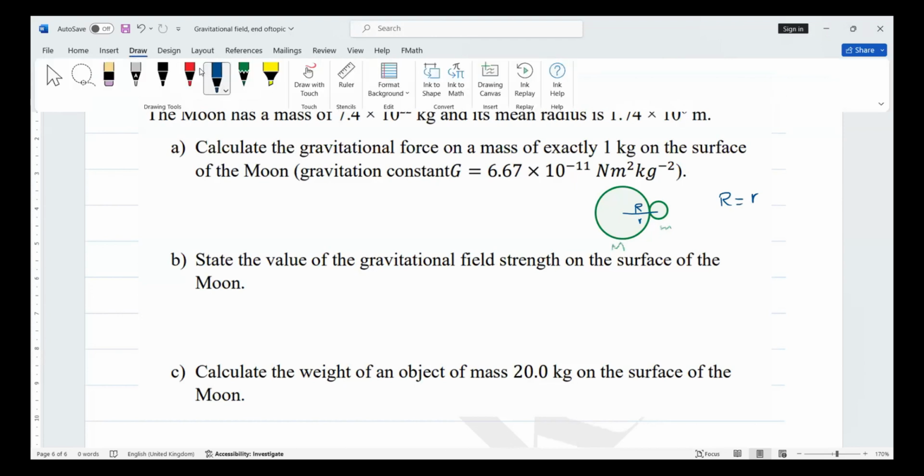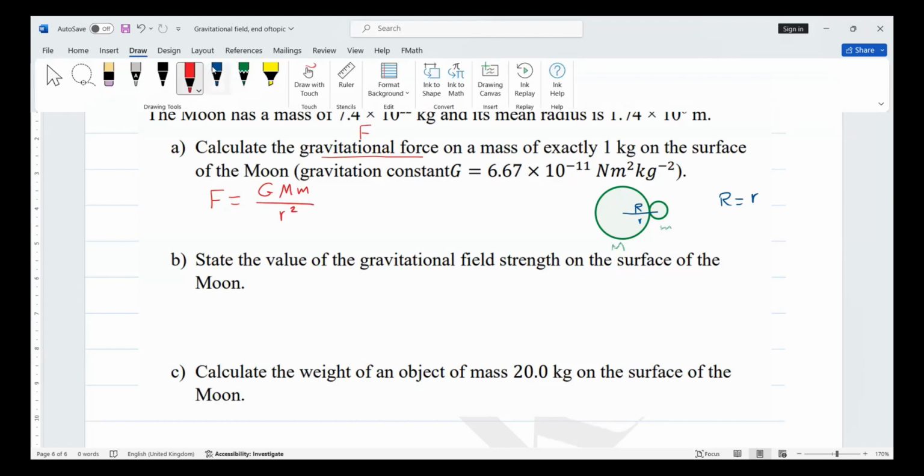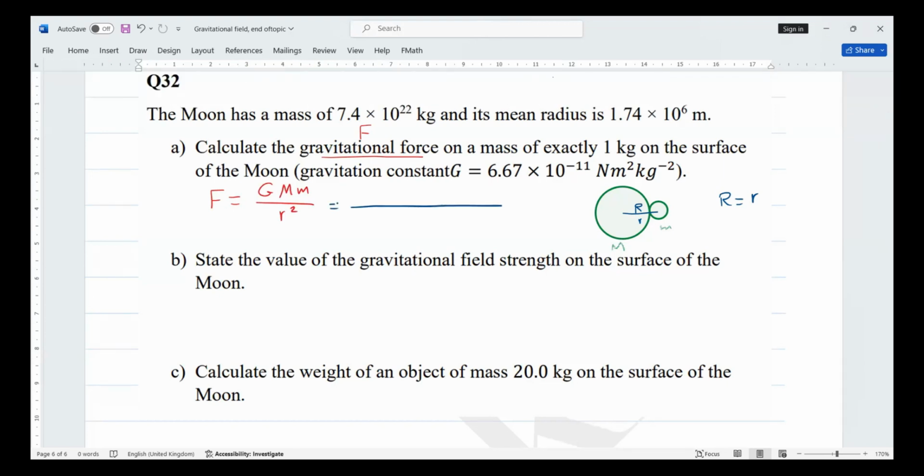Which formula do we use? F, because it says gravitational force. F equals G M capital M small over R squared. Now we can continue. G is 6.67 multiply 10 to the power negative 11.